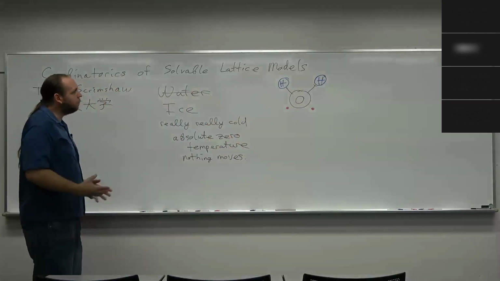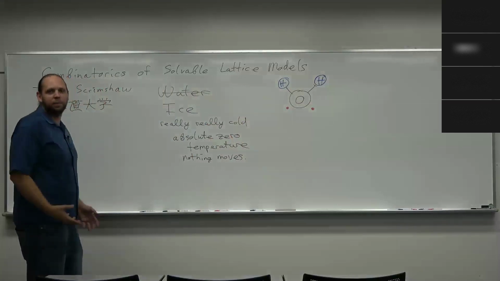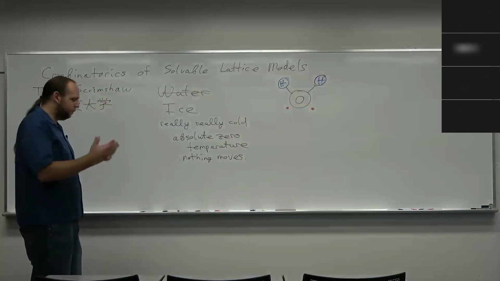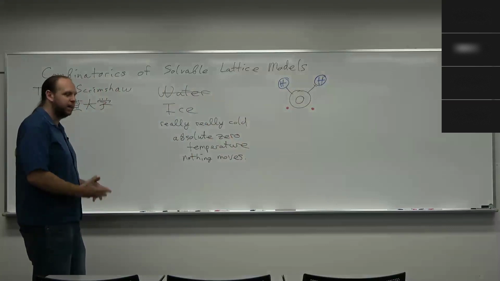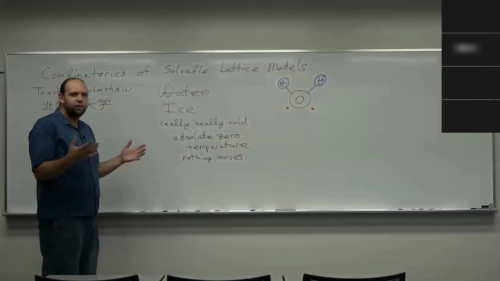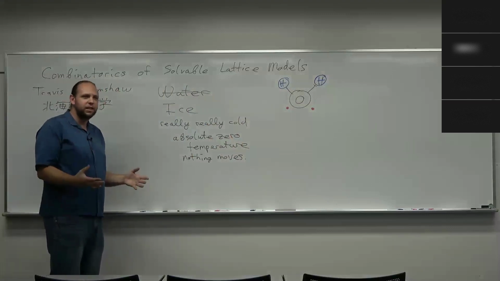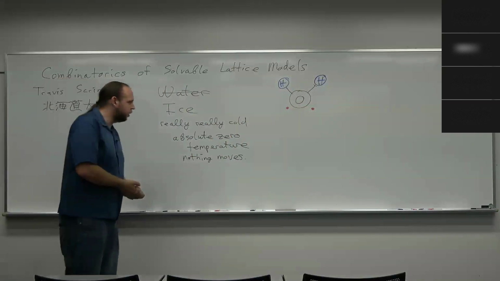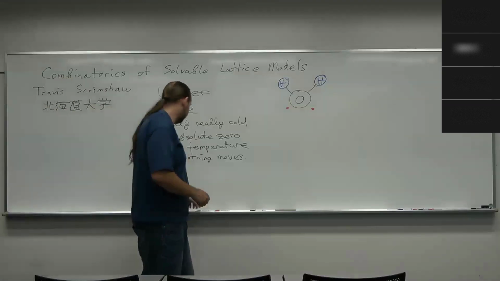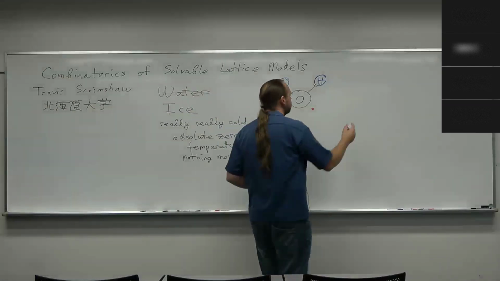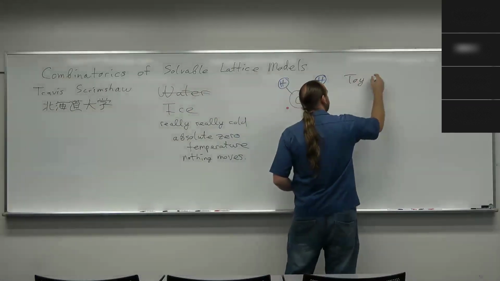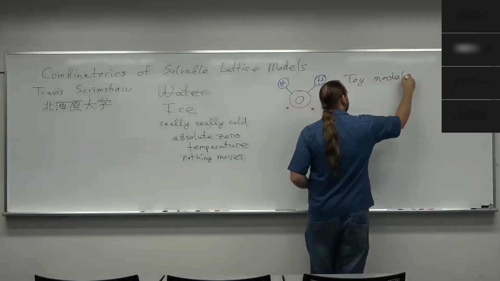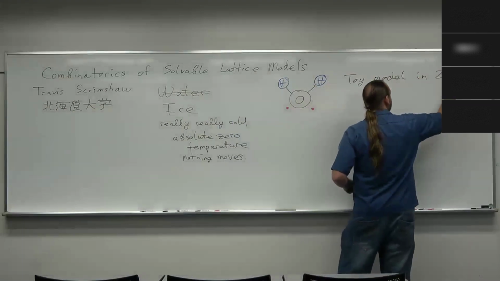The problem with this is it's too complicated. Putting things in 3-dimensional space is hard. Even understanding how spheres fit together is a hard problem. So let's not do 3 dimensions. Let's look at a toy model in 2 dimensions.